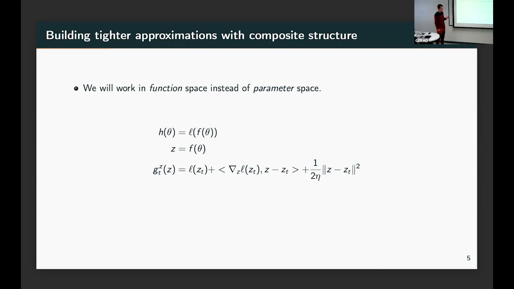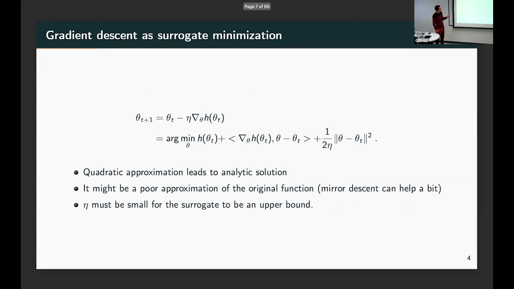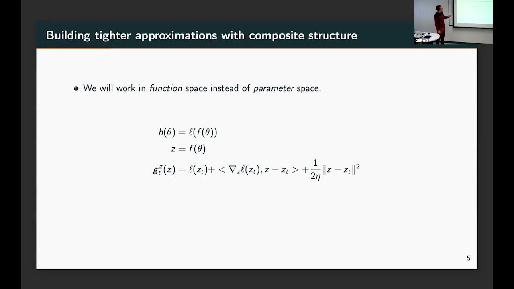The reason is that if your function f is complex, this quadratic approximation to h is a terrible approximation. Your function is really non-quadratic in your parameters when you have a deep net because of all of these symmetries. But even if L is the cross entropy, the quadratic approximation of the cross entropy is a pretty good one. It's decent. Does that make sense?